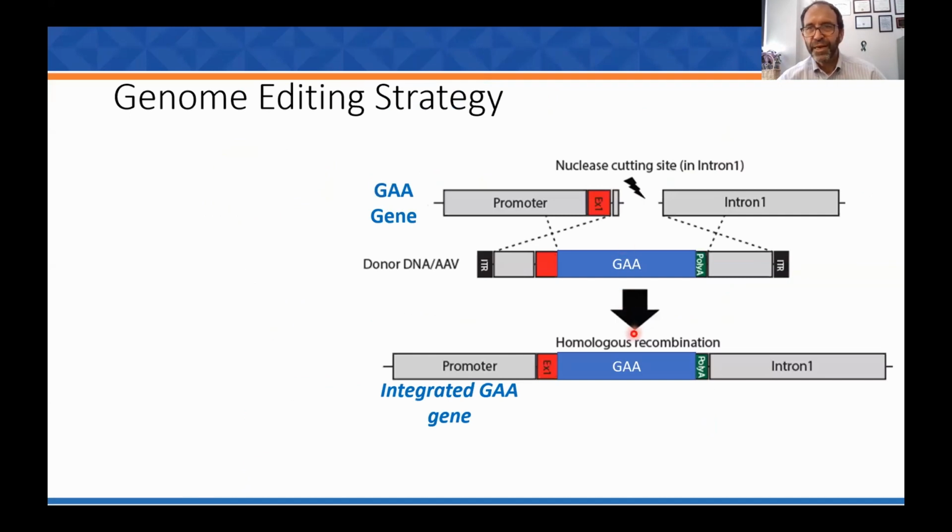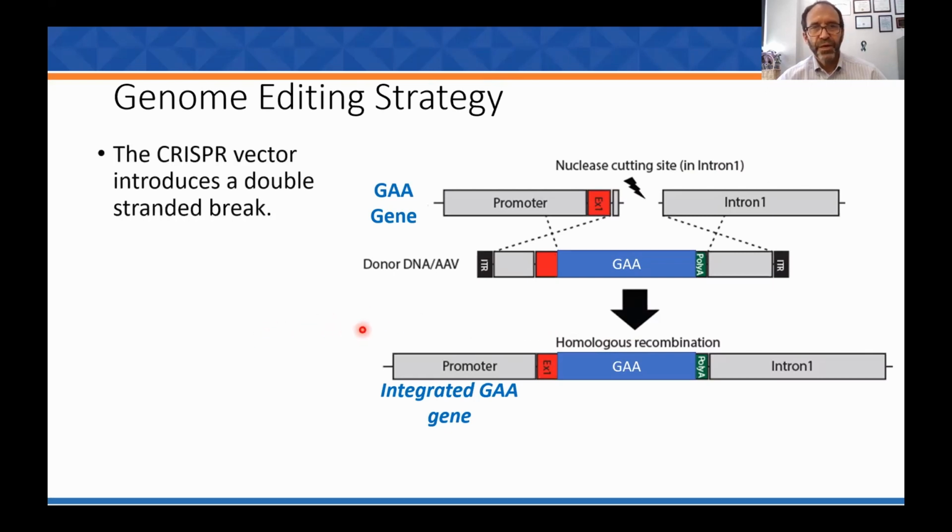Now, to address that limitation, knowing that we need to treat patients with infantile onset Pompe disease as early as possible, we are working on a genome editing strategy. So in this experiment, a CRISPR would cut the chromosome at the GAA gene, actually.